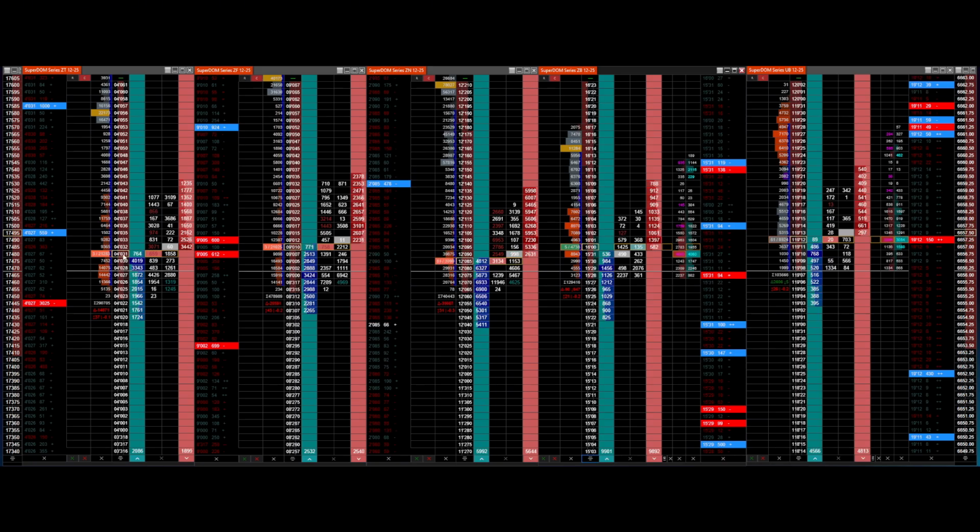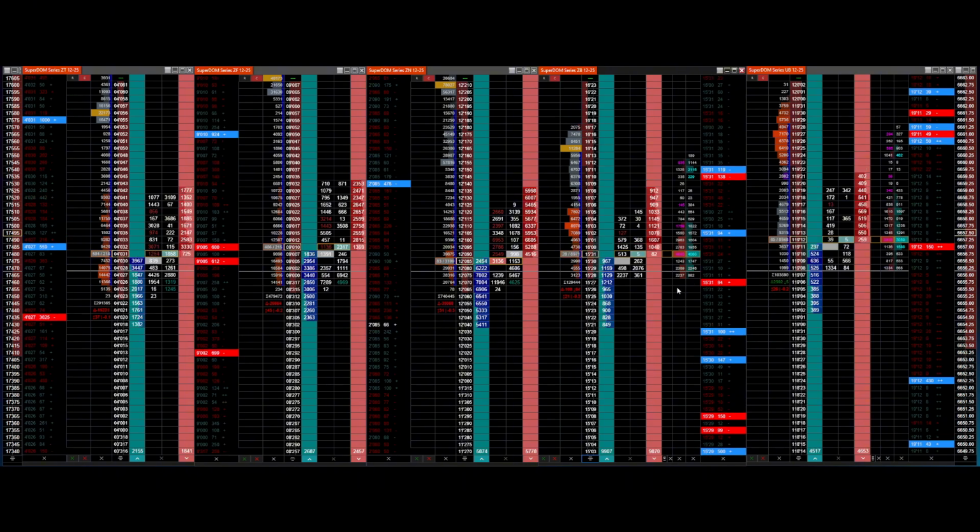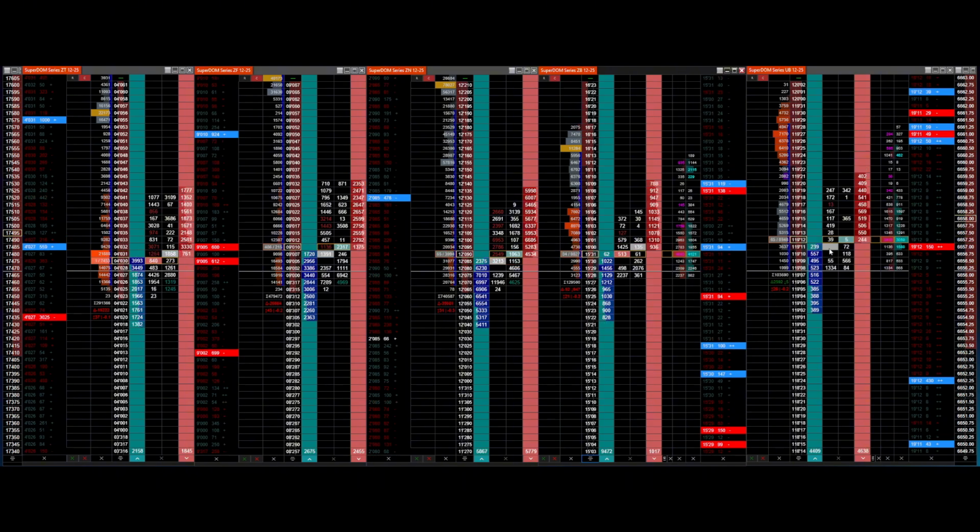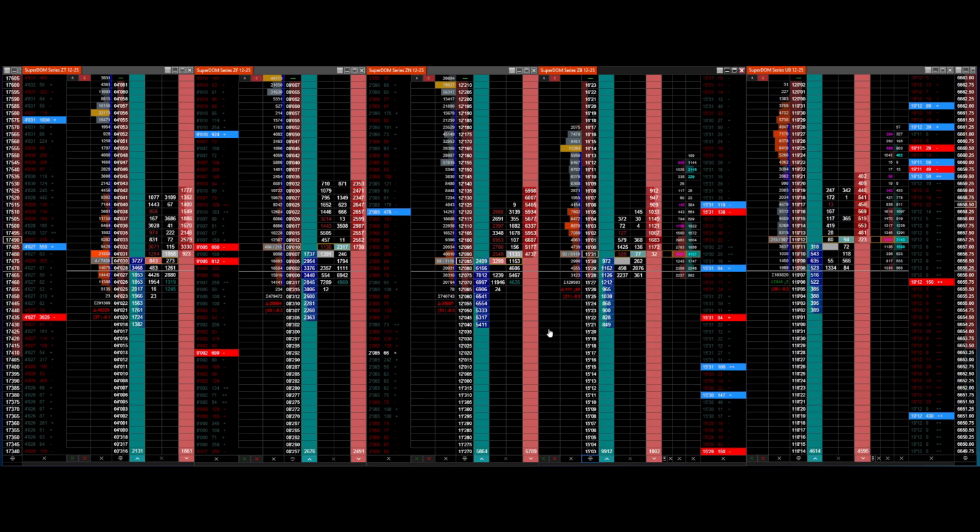See how these guys work in tandem. 2 years going up, 5 years going up, 10 years going up, 30s going up, ultras going up. We have a low volume node right here.